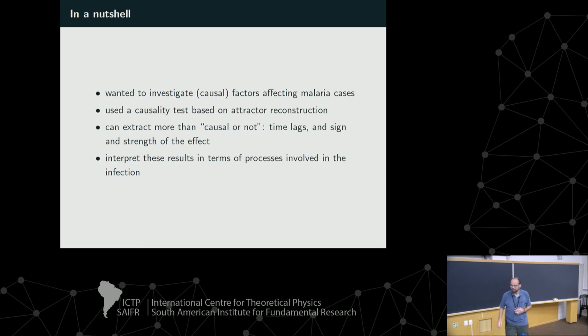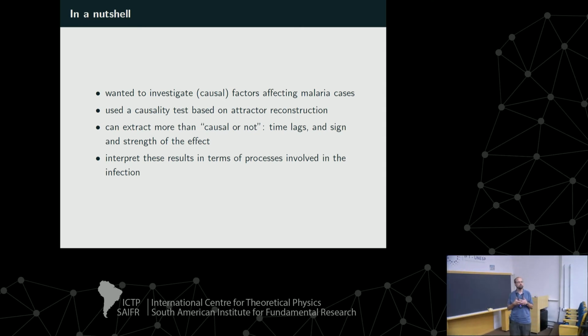So, in a nutshell, what I'm going to present today: we want to investigate causal factors of malaria cases, okay? And we do that using a causality test based on attractor reconstruction, Takens' theorem, and so on. I'm going to talk a little bit about it.